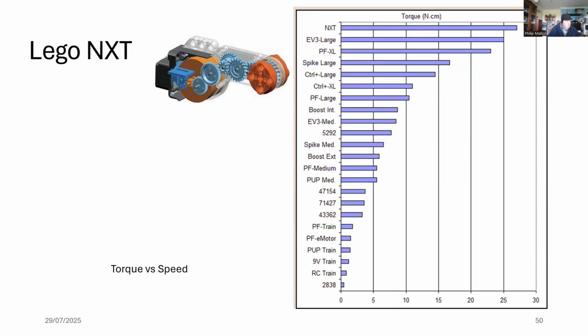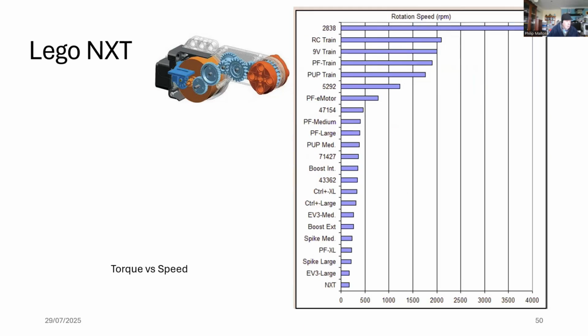So it's a good idea to keep this for your projects that need a little bit more power. And the rotation speed is quite the opposite. So in the design of this robot, they've increased the torque, but they've reduced the speed quite dramatically.